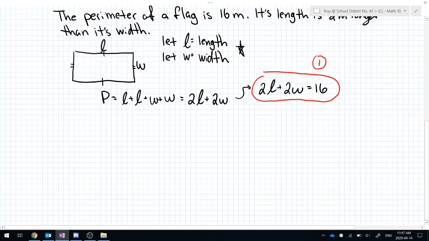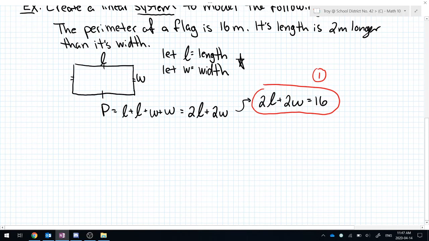So to write that as an equation, we would say that the length is equal to the width plus 2 meters. That's it. Take the width, add 2, we get the length.